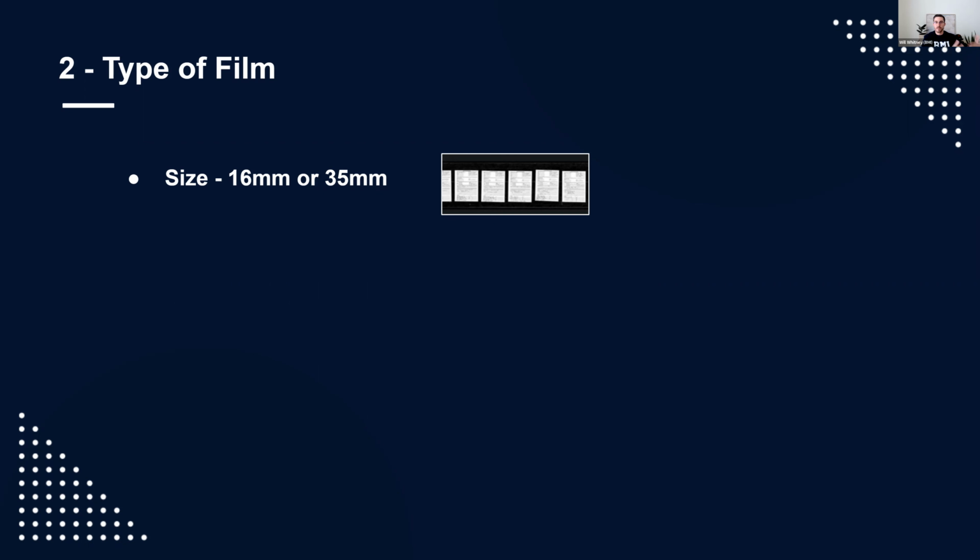Those types of records will typically be on 16 millimeter film. And then you have 35 millimeter film, where if you take out the actual physical film, it measures roughly 1.5 inches wide. And then you're going to have records such as newspapers, engineering drawings, oversized books, things of that sort will typically be on 35 millimeter film.